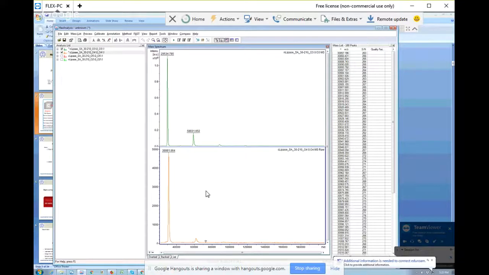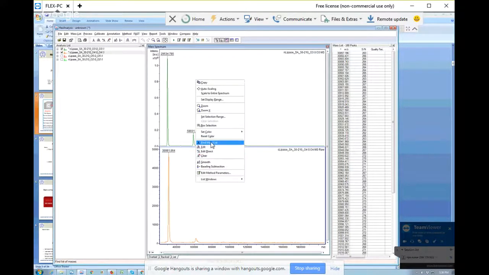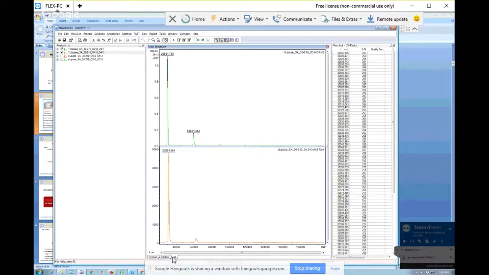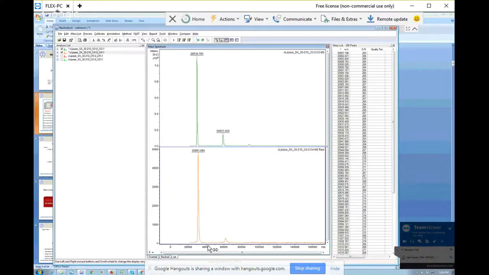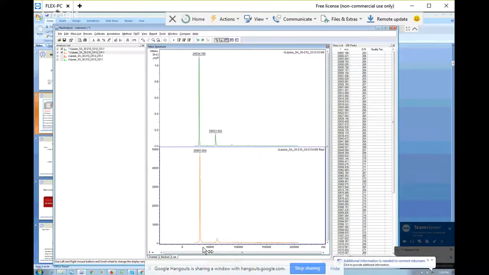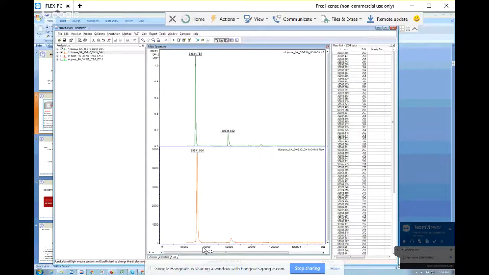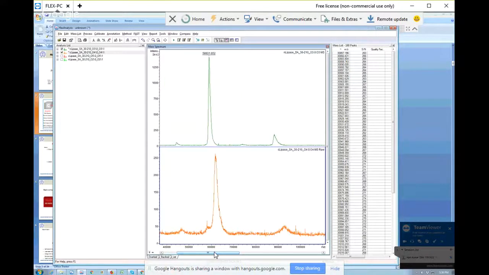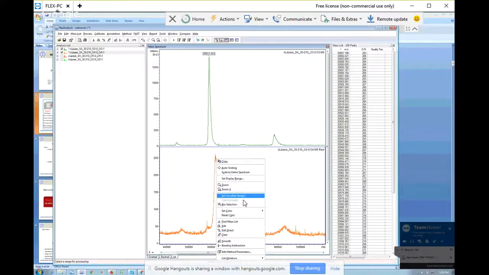Though the spectrum looks very similar for both the proteins, when we found out the molecular weight with the help of mass list for both of them, we found there was a slight change. Now, if I expand this region over here, we can see that the molecular weight of the normal protein is coming around 29.5 kilodaltons, while the one for the modified is around 30 kilodaltons.